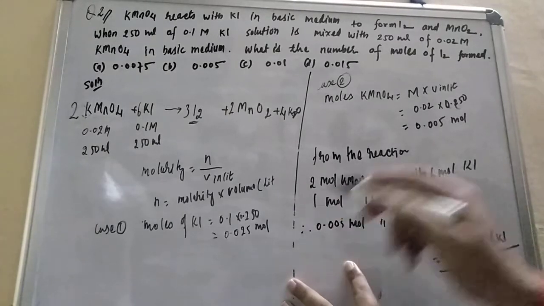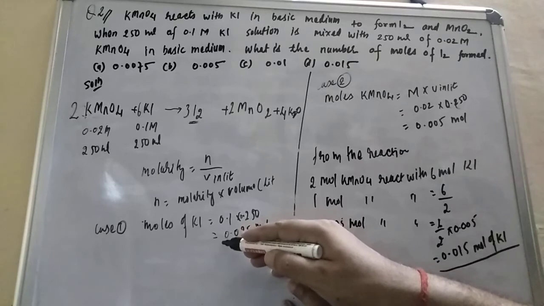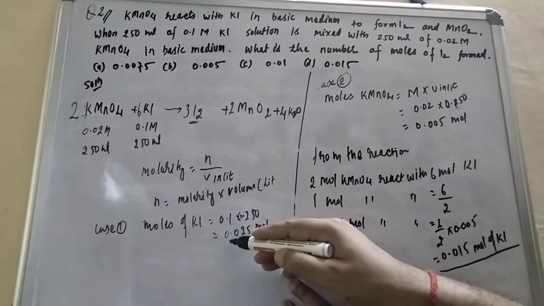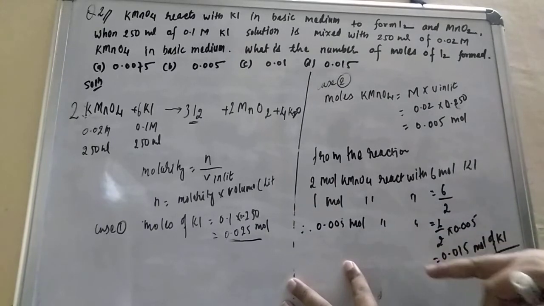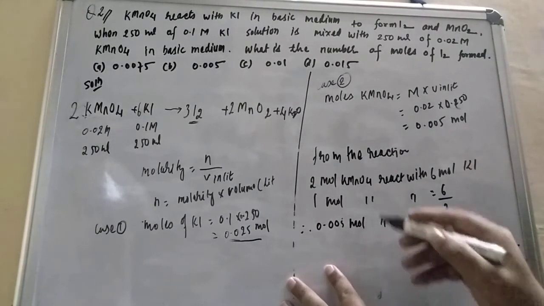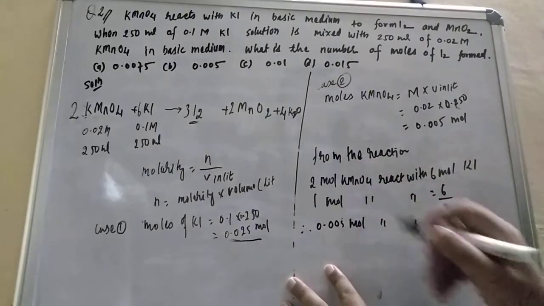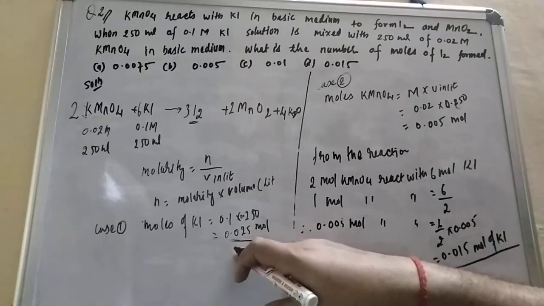Now you match: the mole of KI is how much, student? 0.025. And moles of KMnO4, how much are you getting? 0.015. So this number of moles of KMnO4, 0.015, is less than the KI, student.